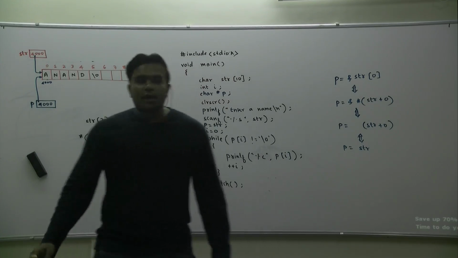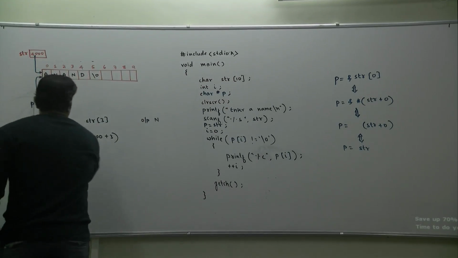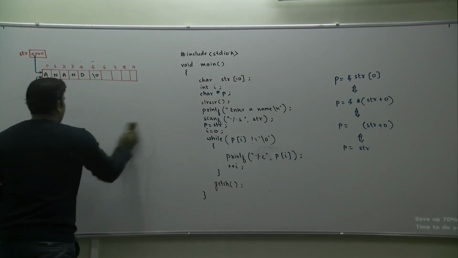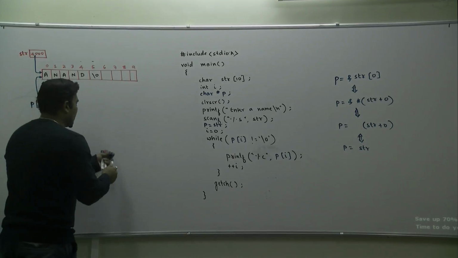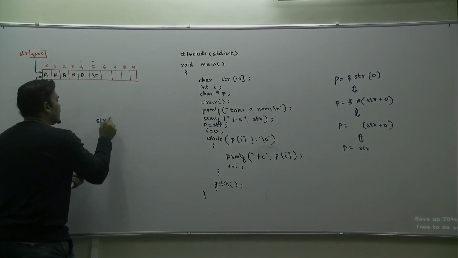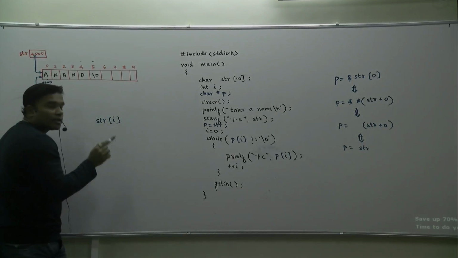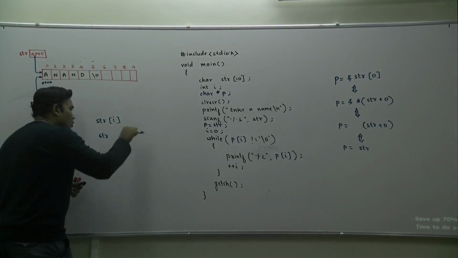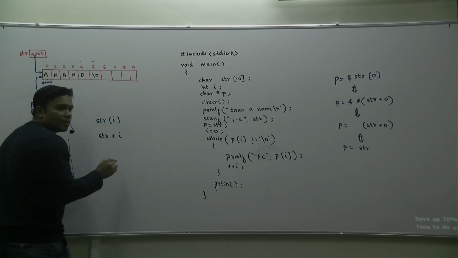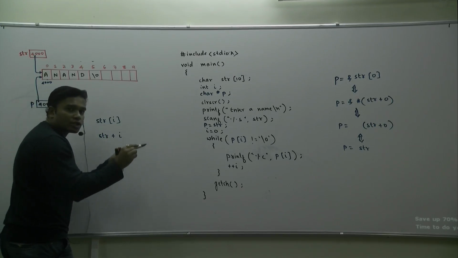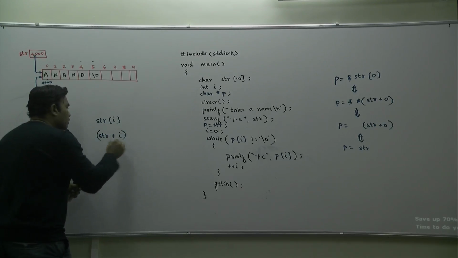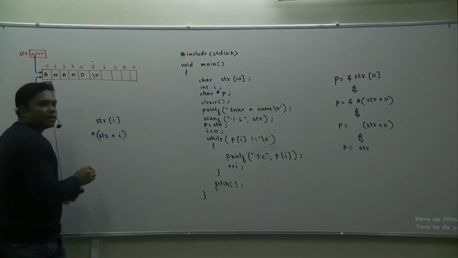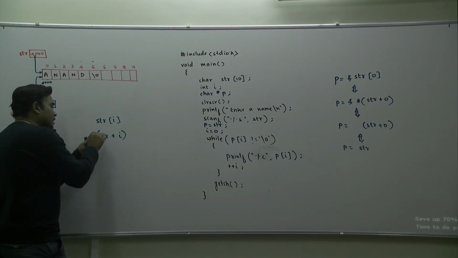But what I can tell you is this much, that wherever you tell str of I, the real meaning is base address. To that base address add I. You will go to the doorstep of that block, knock the door and penetrate inside. Now that base address, if it is in str, okay.